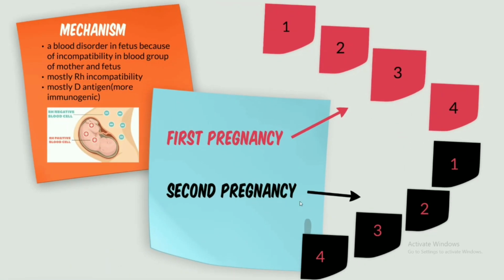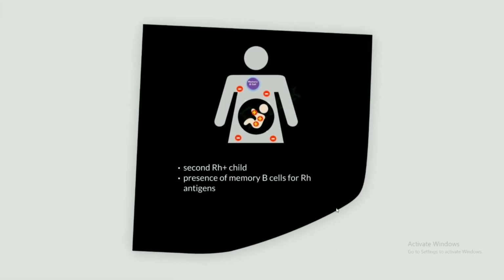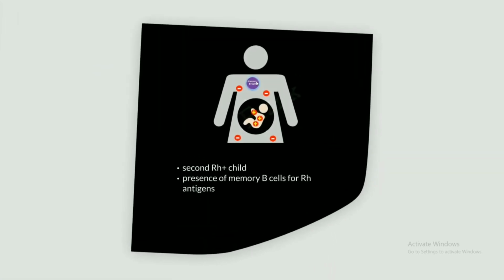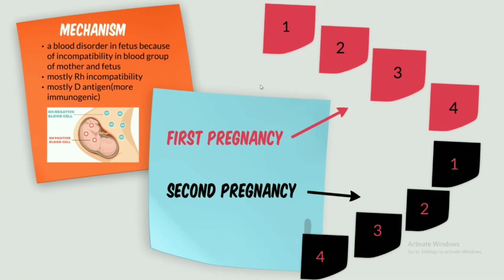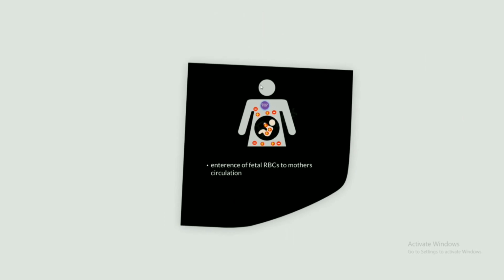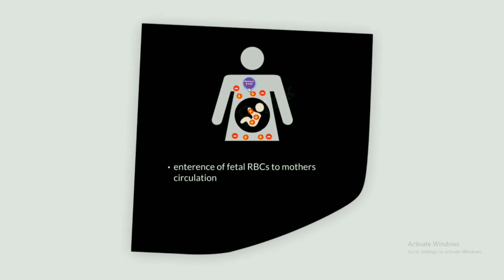Now in second pregnancy. Here we can see the difference between the first and second pregnancy: presence of memory B cells, which are specific to Rh antigens. And here we can see the entrance of fetal RBCs to mother's circulation through microscopic pores in the placenta.